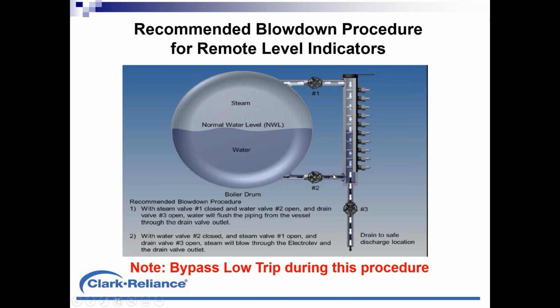Isolate the steam, blow the water leg out first, then close the water, finish with steam, then close the drain valve and open the water, and the level returns. Our video is an animation that shows you movement of steam and water and a very nice detail on these procedures.